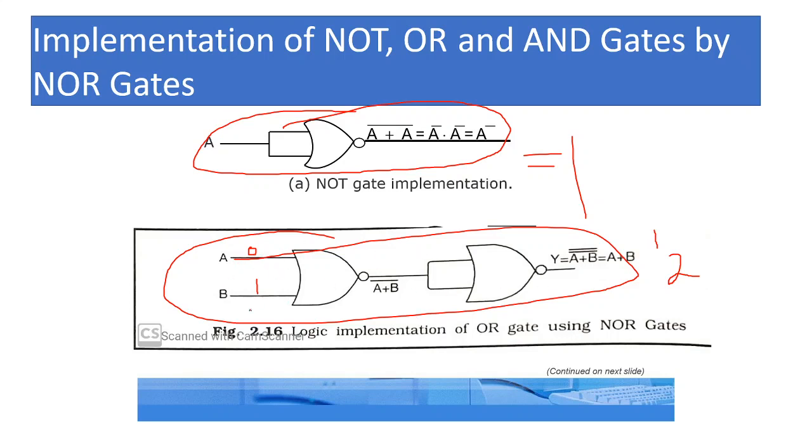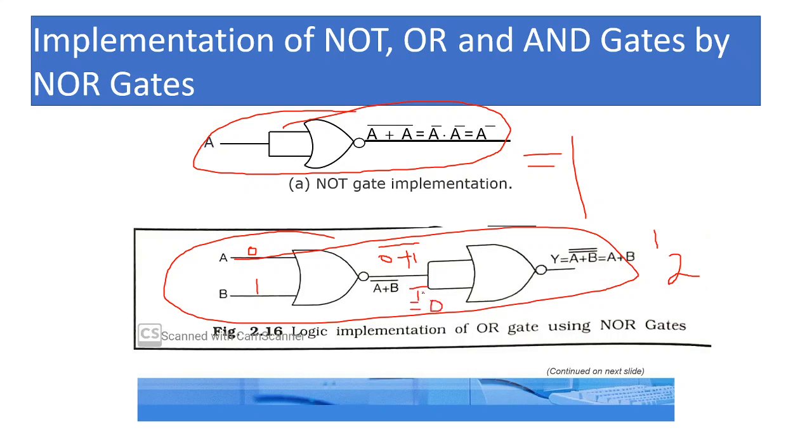A is equal to 0, B is equal to 1, so the output of this first NOR gate is (0 plus 1) whole complement. 0 plus 1 is 1, and the complement of 1 is equal to 0.